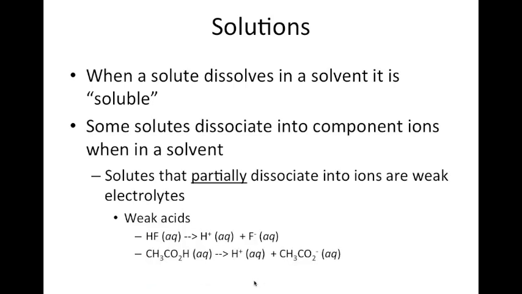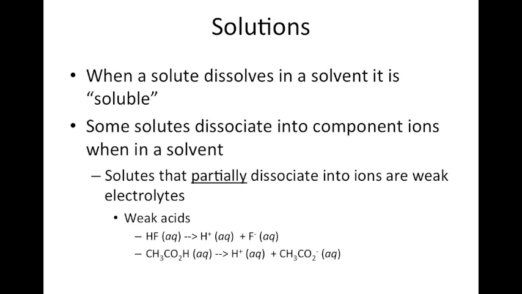Some solutes dissociate into ions, but they don't dissociate completely. A couple of examples of what we call weak electrolytes, or substances that break into ions but not completely, would be hydrofluoric acid.